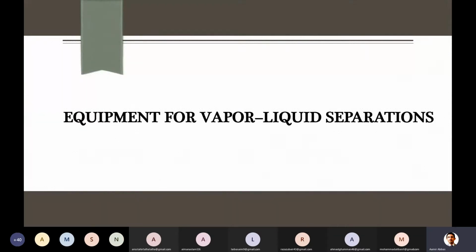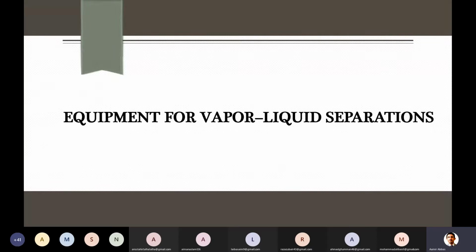Towards the end of the lecture there was a table in which some solvents were provided, showing which solvent is commonly used in industry to absorb a specific component.